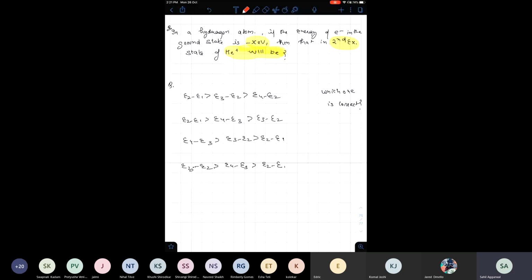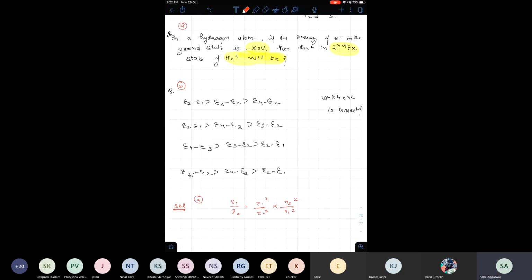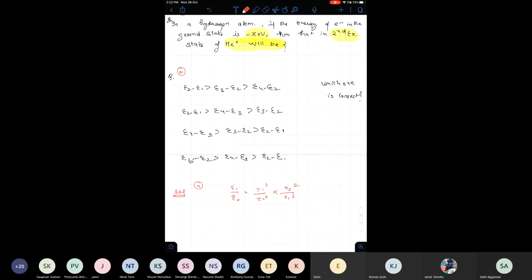Let's take the first question first. Let's call this A and this B. Let's take A first. Energy of electron in ground state. So we can say E1 by E2 will be Z1 square by Z2 square into N1 square by N2 square. Z1 is how much? Hydrogen atom, so it will be 1. Helium atom, so it will be 2. So square, square. First one ground state, so 1 square.